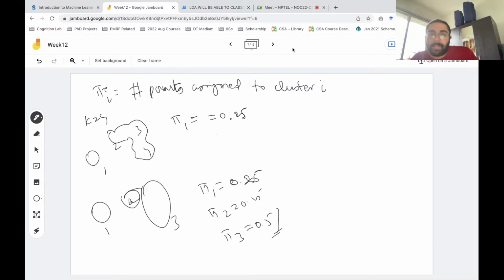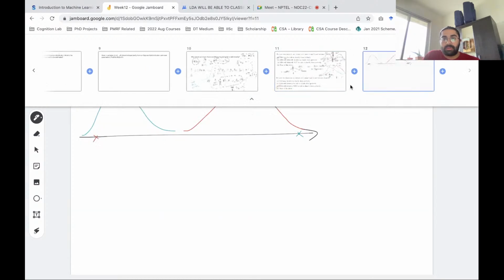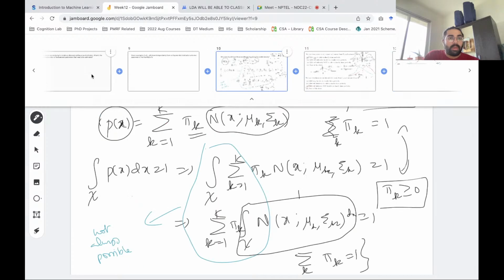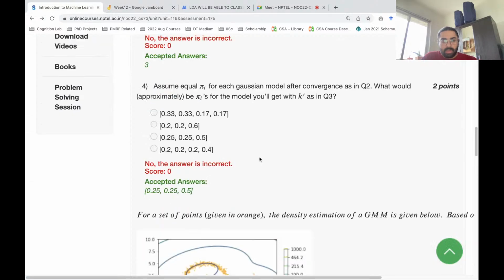Yeah, fraction of the area, correct. Earlier all 4 mountains were nearly the same area, but now 2 have mixed, so they became 0.25, 0.25, 0.5. Sir, summation of pi i is always 1. Correct. That's exactly what we proved here. Okay, fine. So that was question 4.